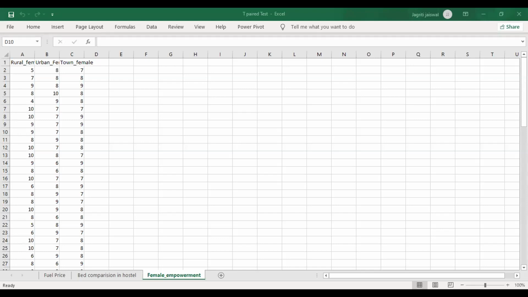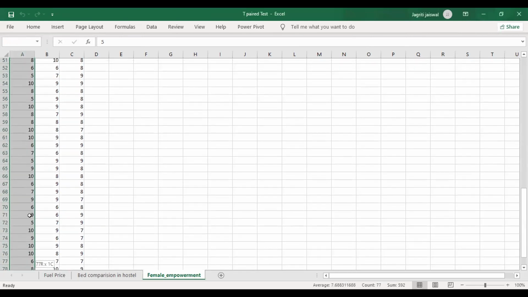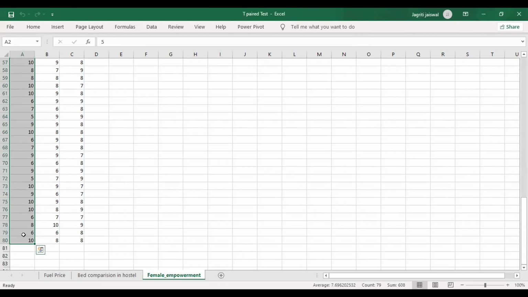Then in data view, we have female decision. Suppose we have 80 data points there.